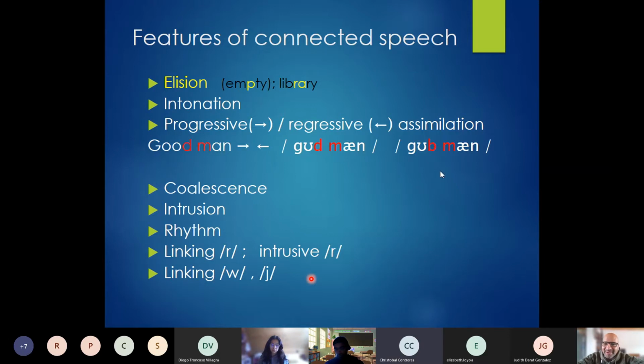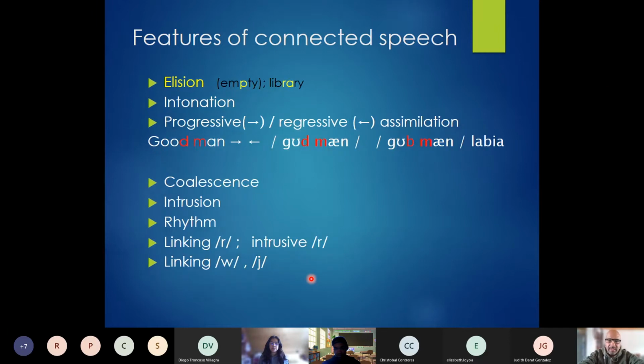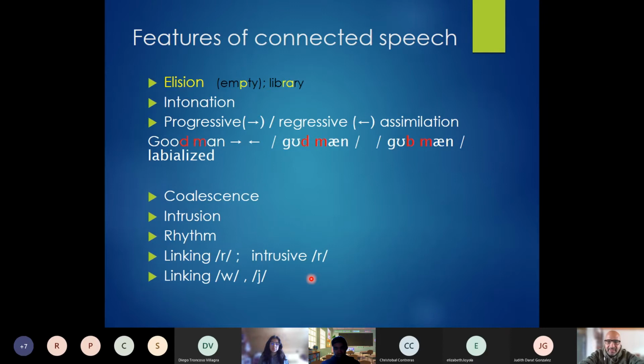Bilabial, exactly. Good job. Because /m/ is bilabial, this sound becomes labialized. That's what some authors would say. It's a labialized consonant sound. So it became bilabial because of the influence of /m/ in this case.